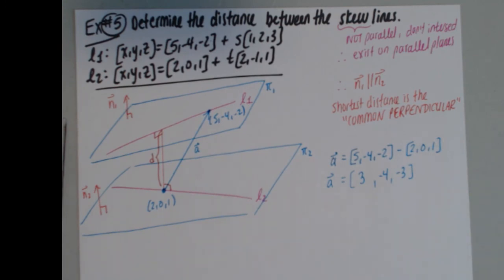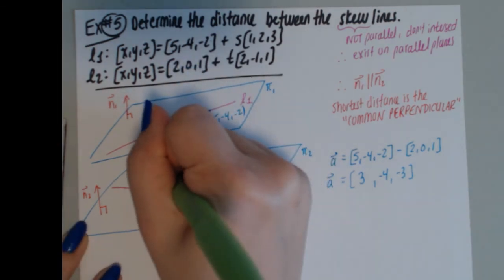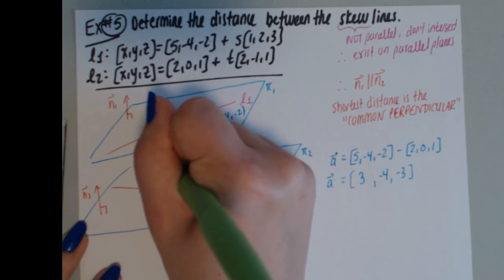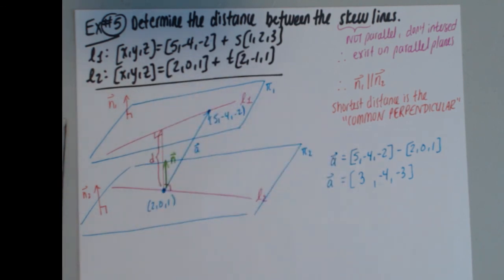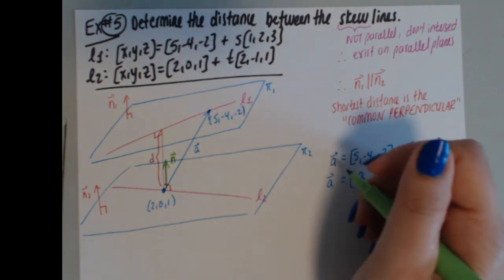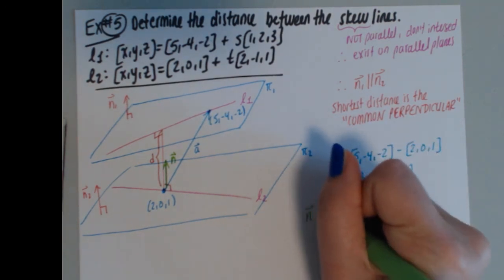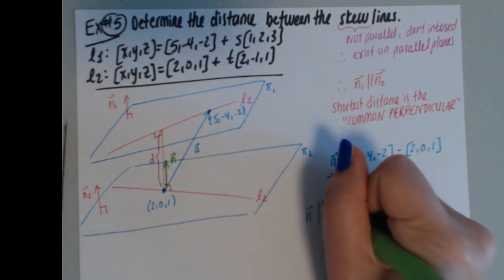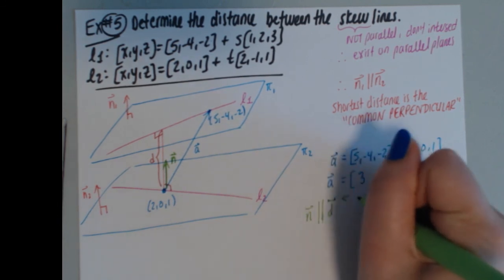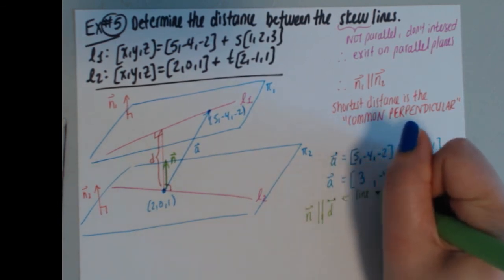Well, notice the normal vector n2, well, that's going to be parallel to a vector here, which I'll just call n. Now, n is a normal vector, and what I do know is that n is parallel to this line segment D. So this symbol just means it's a line segment.